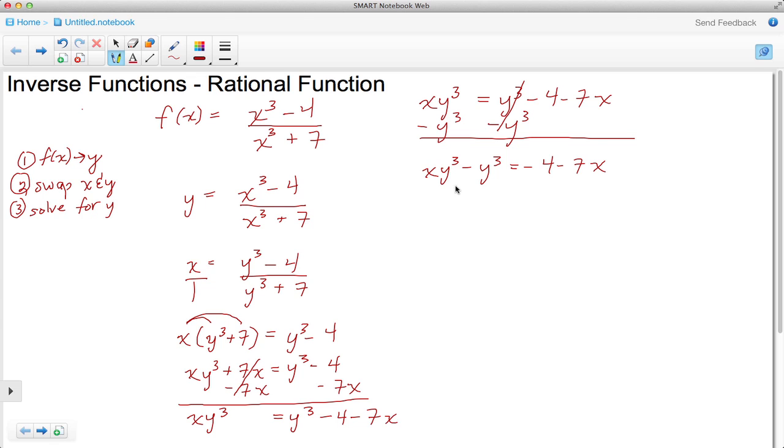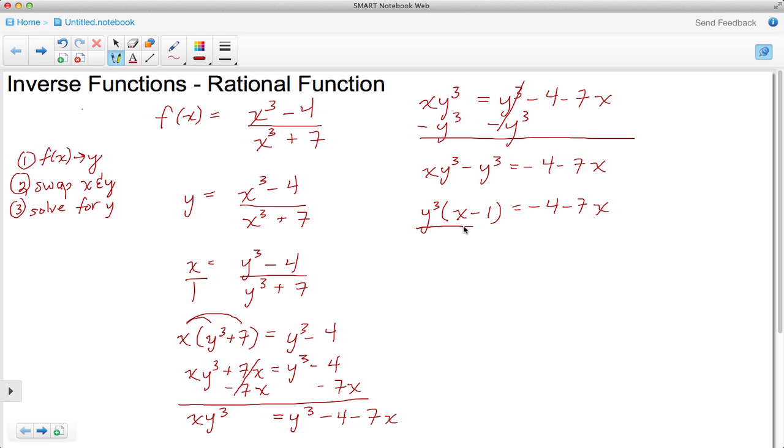Here I notice on the left hand side of the equal sign I have a common factor of y to the third. So let's pull out the y to the third. So let's undo that. Here I pull out the y to the third, and I'm left with x minus 1 is equal to negative 4 minus 7x.